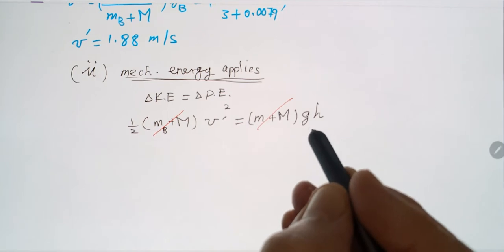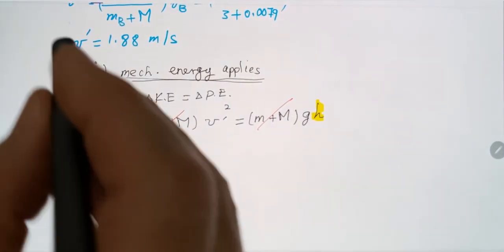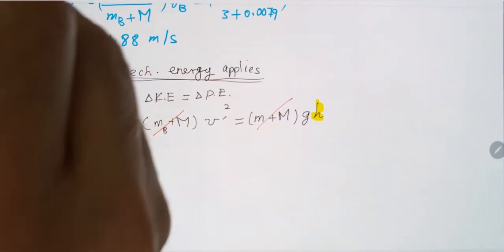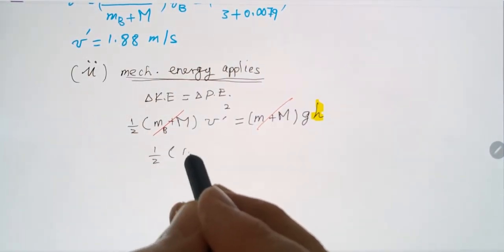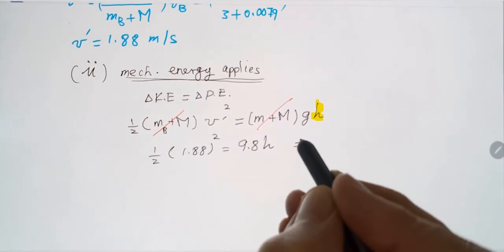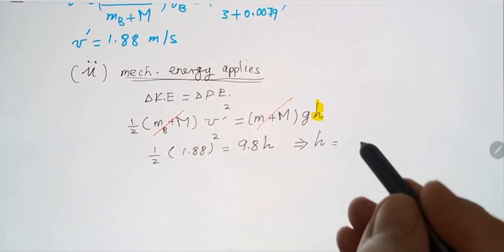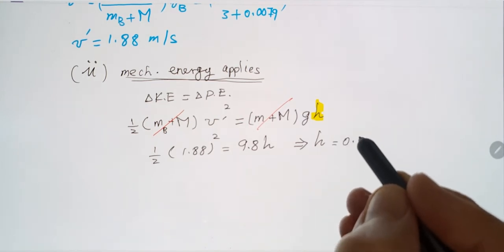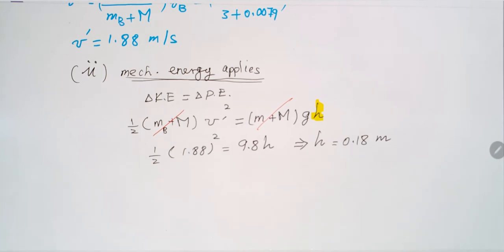So we are interested in H. We put the numbers, so half 1.88 squared is equal to 9.8 H. So H will be equal to 0.18 meter.